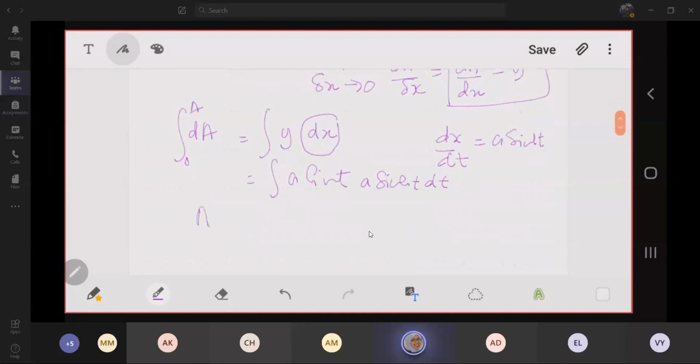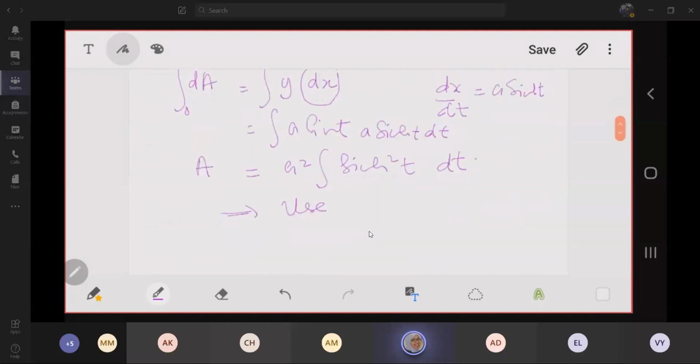So that would be A, and then you get A squared sine squared t dt. Then use the identity.